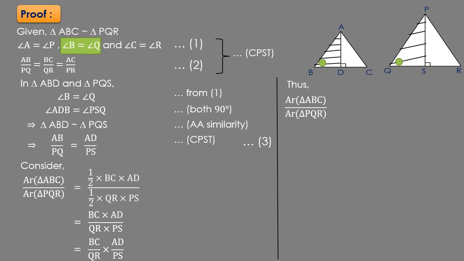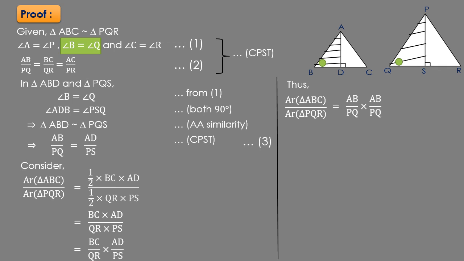Here we can also write area of triangle ABC upon area of triangle PQR is equal to BC upon QR multiplied by AD upon PS. Now BC upon QR is equal to AB upon PQ from equation number 2, and AD upon PS is also equal to AB upon PQ from equation number 3. So BC upon QR and AD upon PS, both the ratios we are going to replace by AB upon PQ.